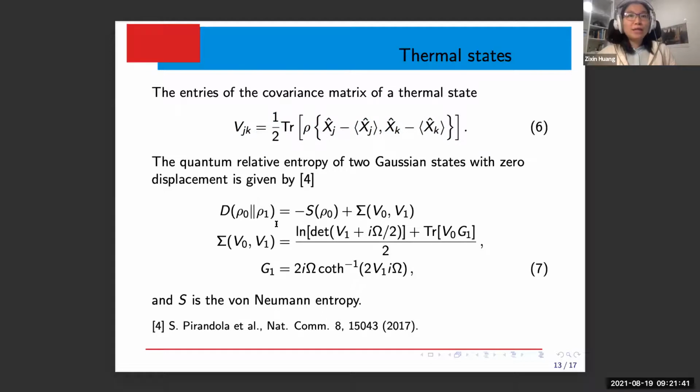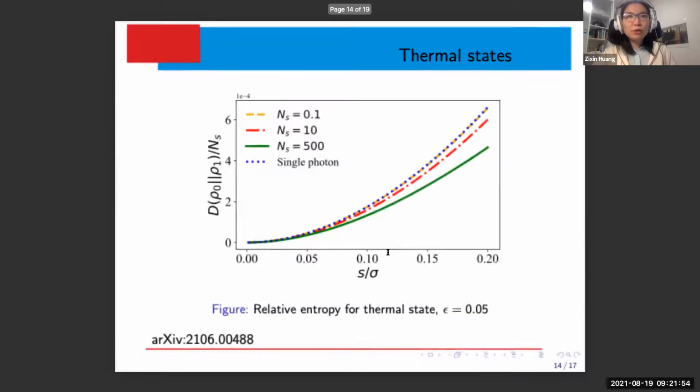And once we have that, there is this nice result over here, which tells you what the quantum relative entropy is for the two states. And I'll just show you what it looks like on a plot. So here we're plotting the relative entropy per photon as a function of the mean photon number and the separation.